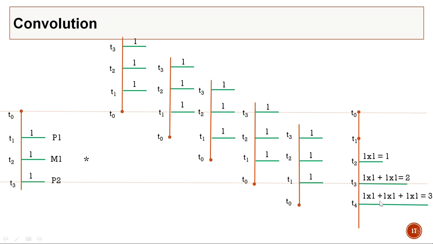Further on, you again cross multiply, 1 times 1 plus 1 times 1 plus 1 times 1, so you get the resultant 3. So this event in your convolved output is basically the timing of the multiple.